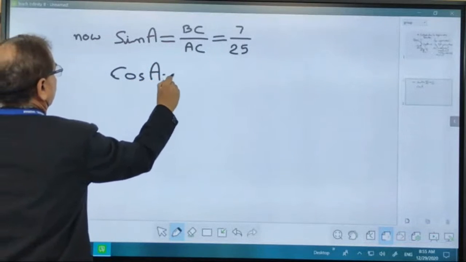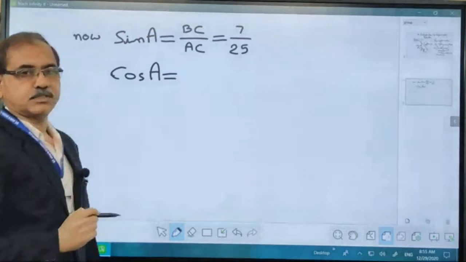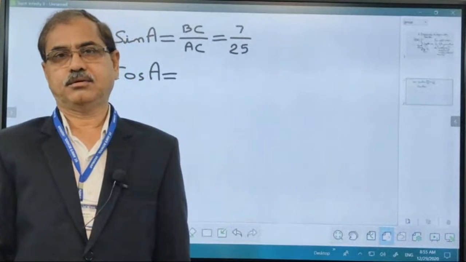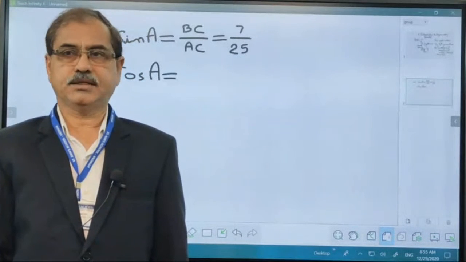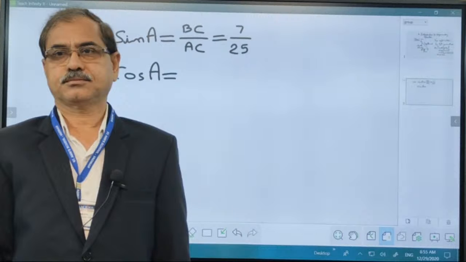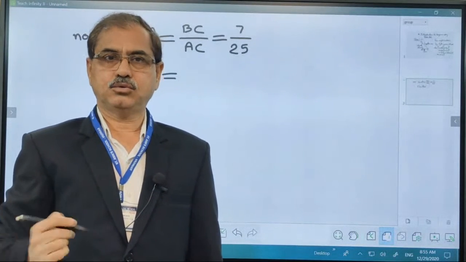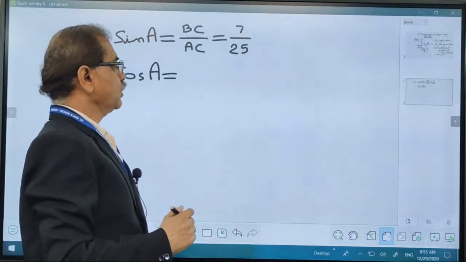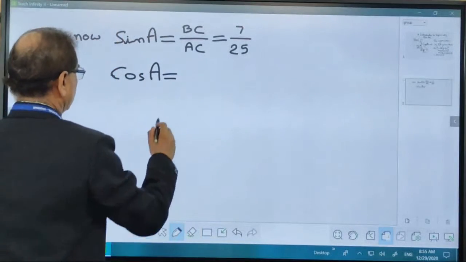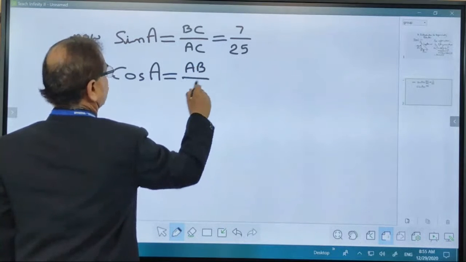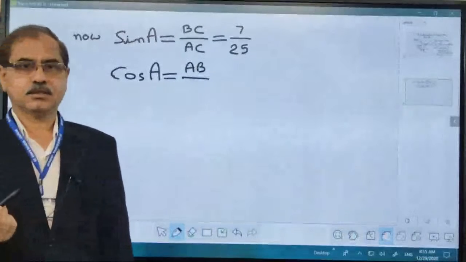Cos of angle A. Again question yourself. Cos of angle A, it is ratio of which two sides? It is ratio of adjacent side to hypotenuse. According to our diagram, adjacent side is AB and the hypotenuse is AC.